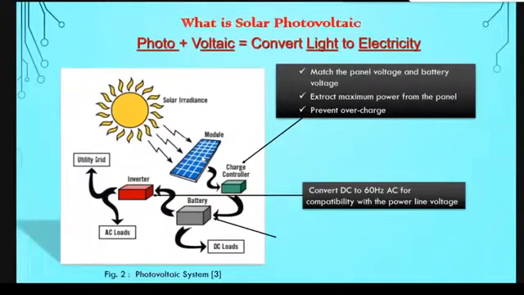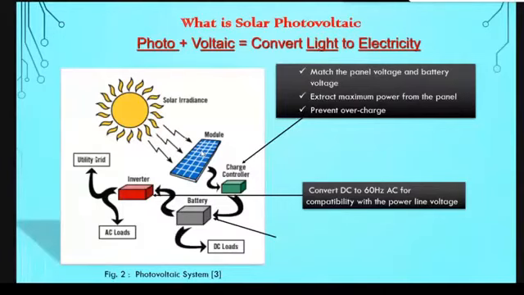So in this picture, you can see the sun. The light energy is directly incident on the surface of the solar module, and inside the solar module there is some mechanism. There is a generation of electron-hole pairs, and due to this generation, electric current starts to flow in the outside circuit. So the concept is simple.